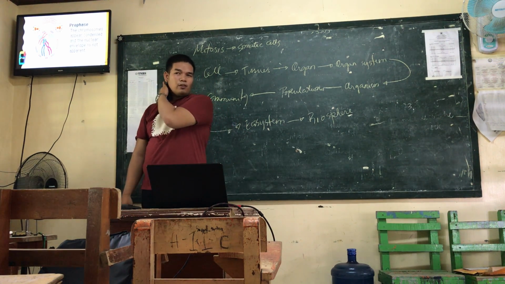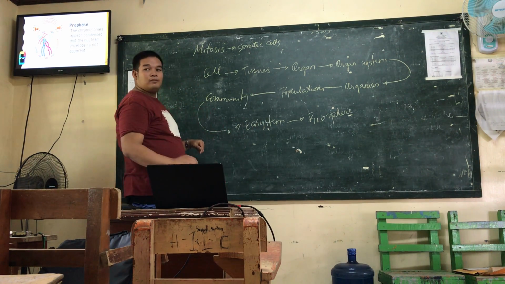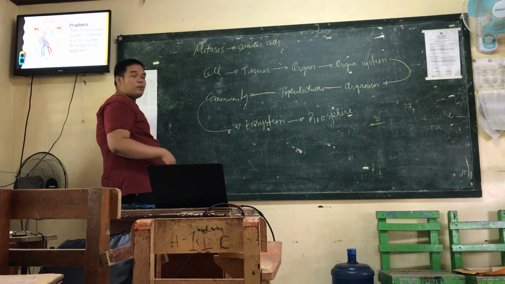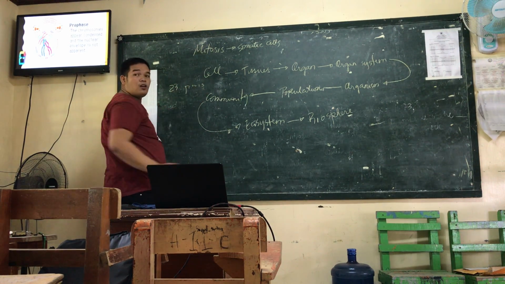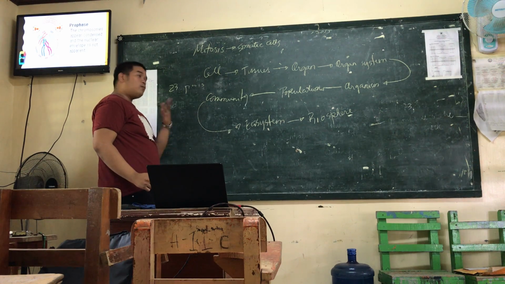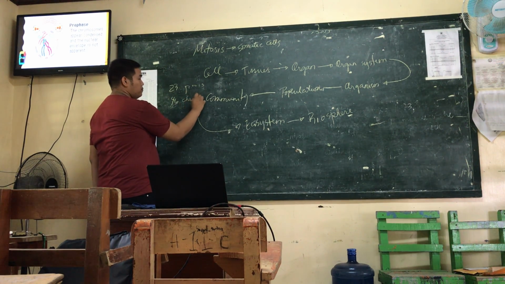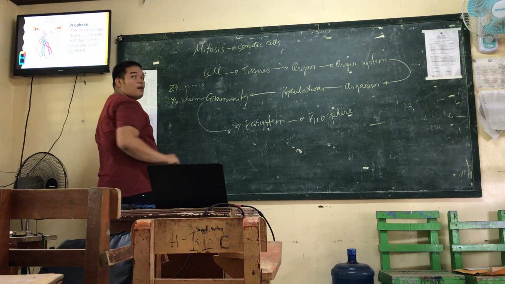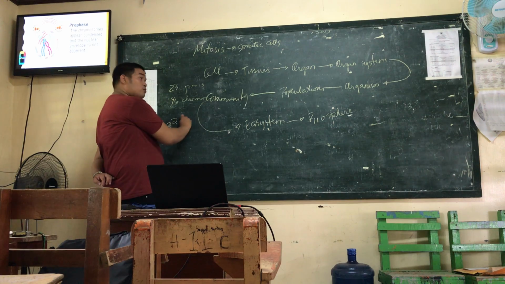Are you familiar with the chromosomes? How many chromosomes do we have? Yes, we have 23 pairs of chromosomes. How many all in all in one single cell? We have 46 chromosomes, right? Of the 23 pairs, we have 22 pairs of autosomes.